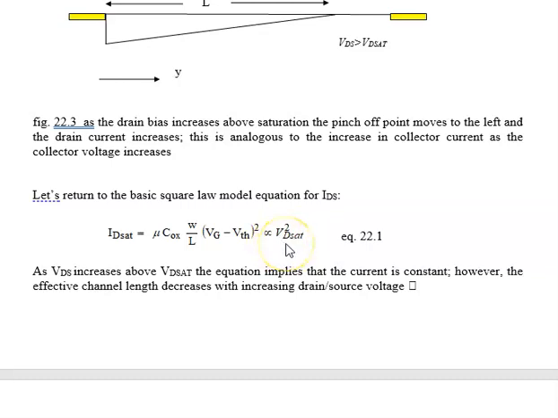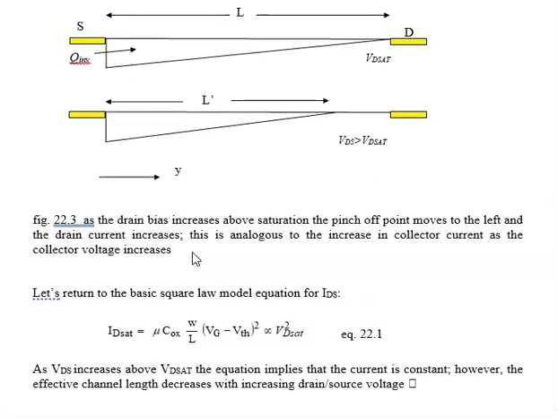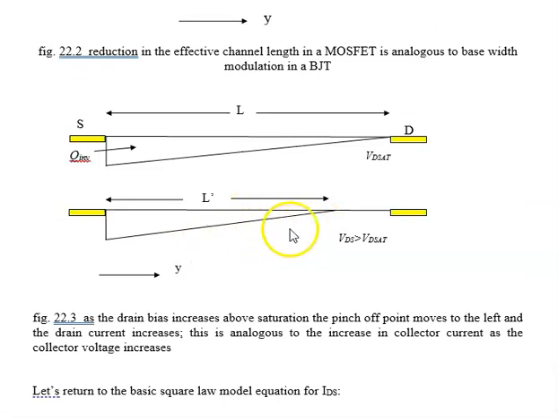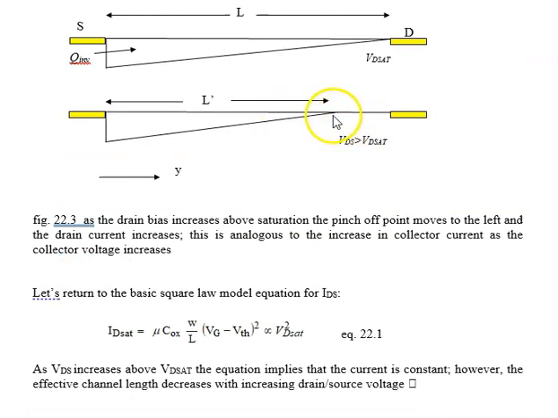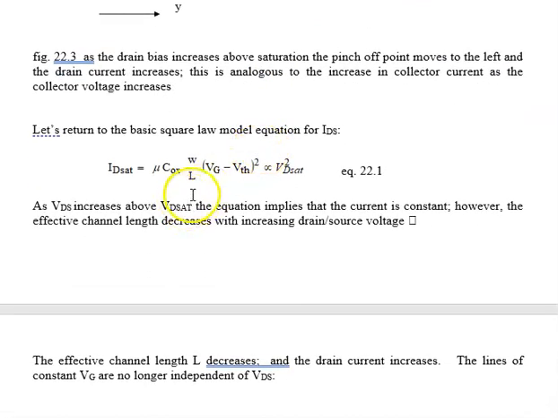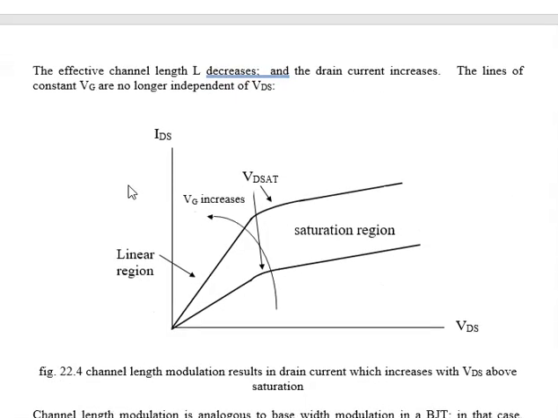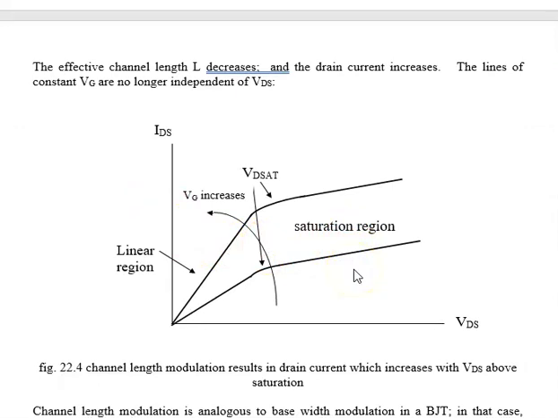We talk about velocity saturation, but we always have this coefficient here, and the L is on the bottom, and if we have a situation where we're in saturation, where the VD sat point is moved to the left, then we have to talk about L prime rather than L, and as the VD sat point moves further and further to the left, the L prime gets smaller. As the L prime gets smaller, the current goes up. So that's the basic idea, and boy, that looks pretty much like the BJT.